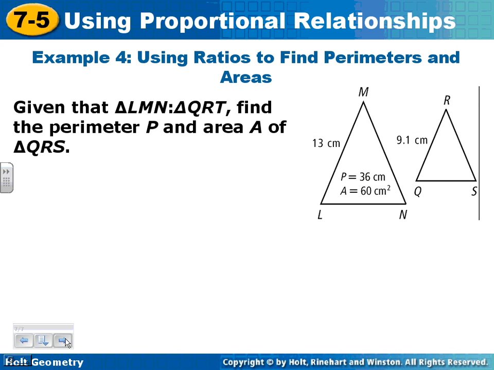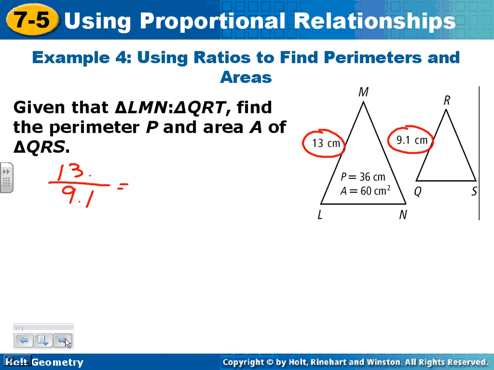Last slide, let's do an example. Given that triangle LMN is similar to triangle QRT, find the perimeter P and the area A of QRS. Okay, so let's do a side. 13 goes with 9.1. So that's where I'm going to start. 13 over 9.1 would equal the same as the perimeter.